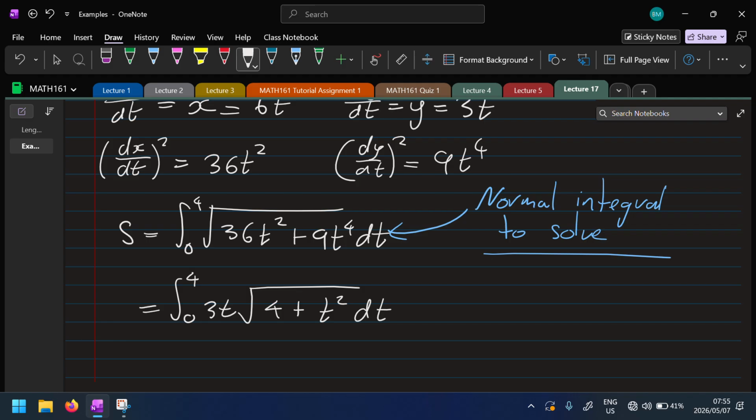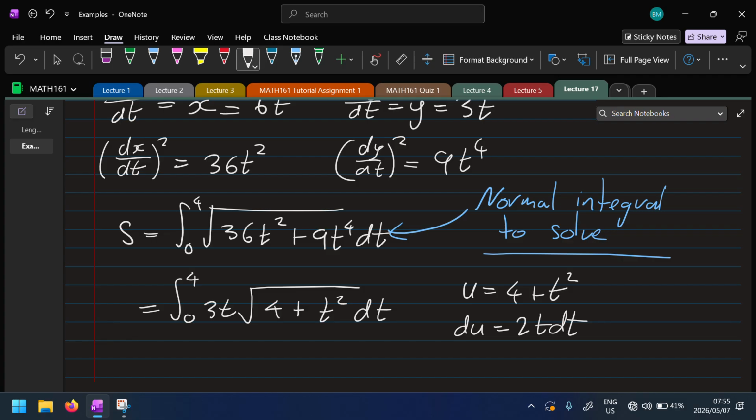So now we can do the substitution. We can let u be this inside part, and then du will be this outside part here. Okay. So let's do that on the side. On the outside, we've got 3t. Over here, we've got 2t's.